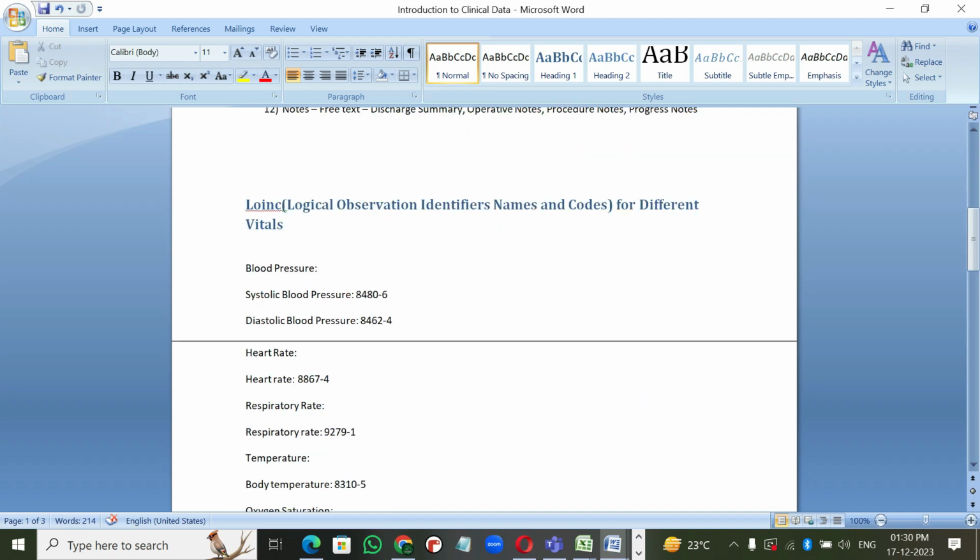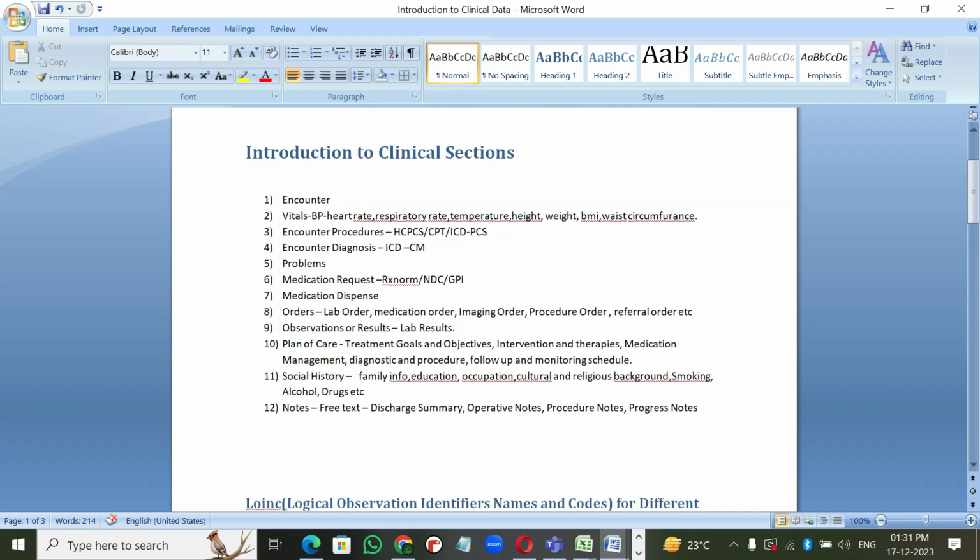So, the codes are standard. It's a way to standardize the data, guys, because this data, as I told you, downstream, it is used into a lot of use cases. And that's the reason for each and every clinical section there is coding standards.